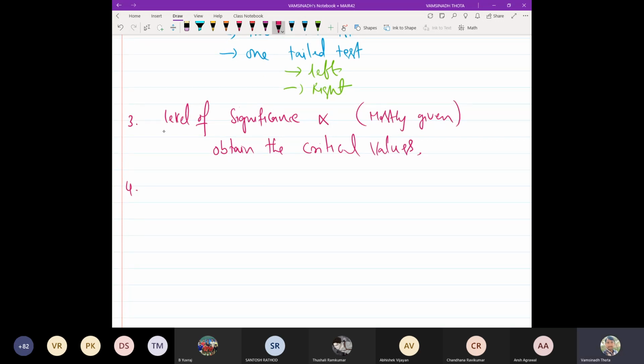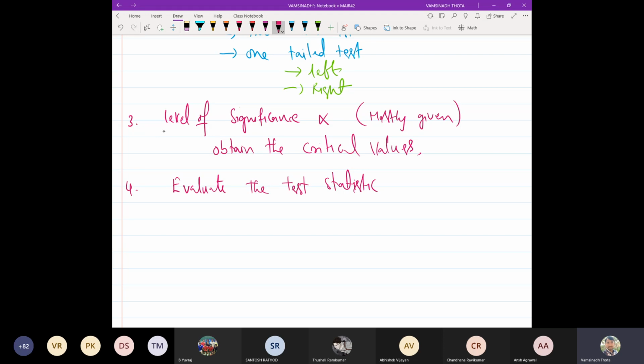And the fourth one, evaluate the required test statistic. Okay.